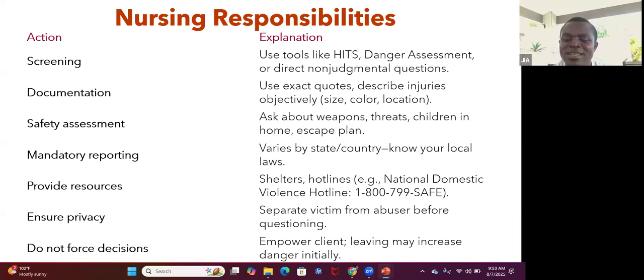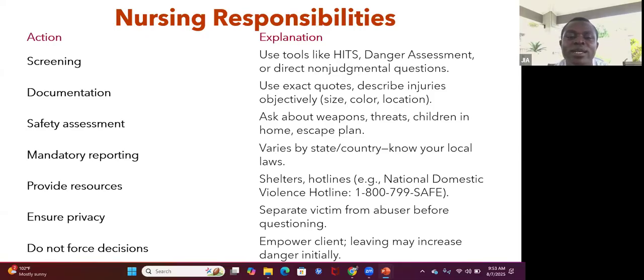You just write what the patient said, not what you think it is. Be very careful with this one. Then you describe the injuries objectively: the size, the color, the location, and everything. Then the safety assessment asks whether weapons were involved, then threats, children in the home, escape plan, and all of that.